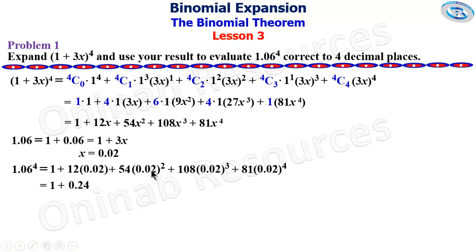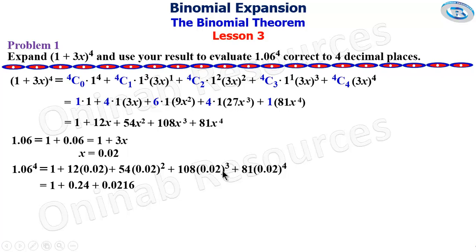This is 0.02 squared. 2 squared is 4. Applying the 4 decimal places and multiplying by 54 will give us 0.0216. Then 0.02 raised to power 3. 2 raised to power 3 is 8 times this.